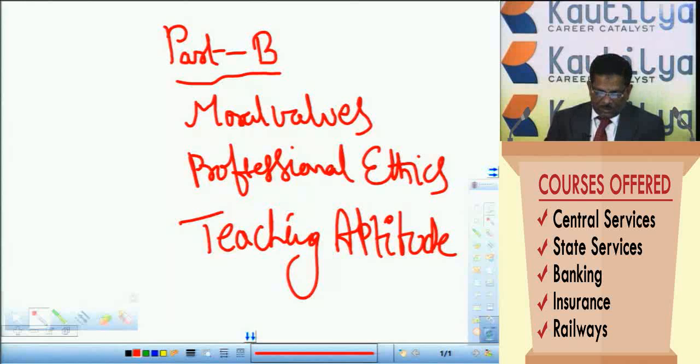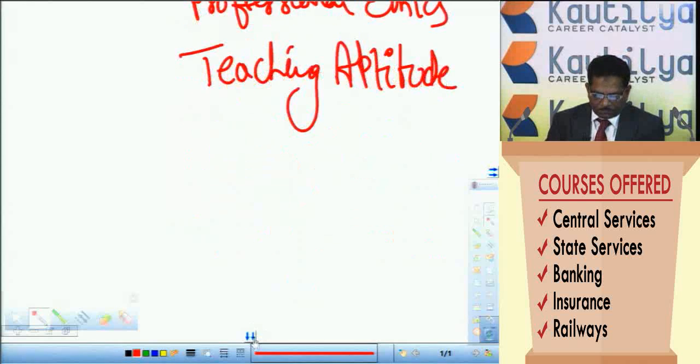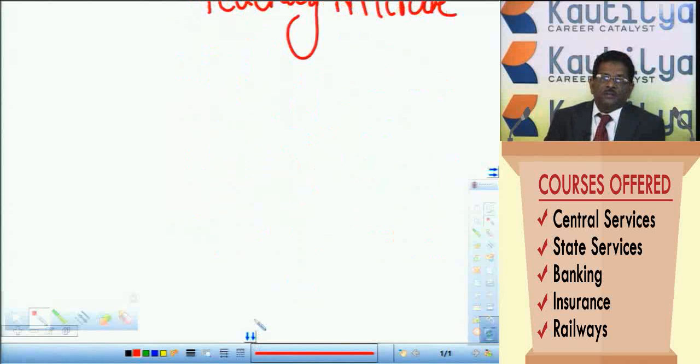See, teaching aptitude, in the true sense, is the different abilities a teacher can possess while organizing the classroom. Simply, we can say classroom management. In order to manage the class, what are the different characteristic features that a teacher must possess?